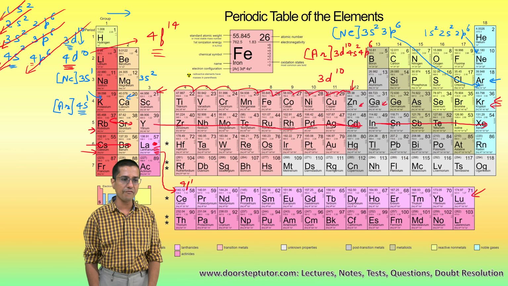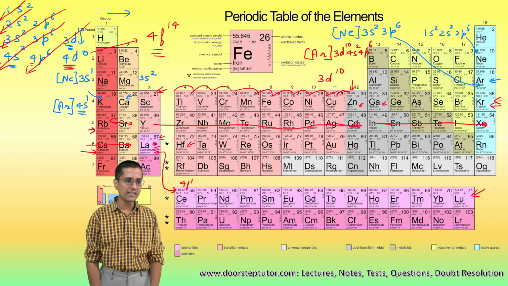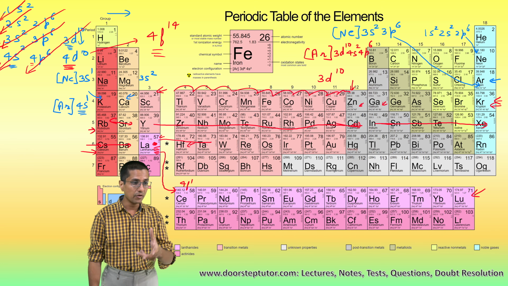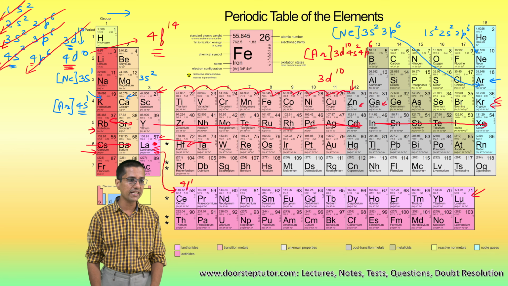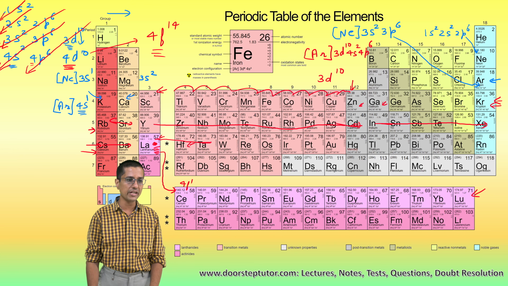Once the f orbital is filled, we go back to filling our d orbital. So lanthanum gets the first electron in the d orbital. Sorry, not 3d, it is the 5d. So lanthanum gets the electron in the 5d orbital, 5d1, and then hafnium 5d2, and so on.